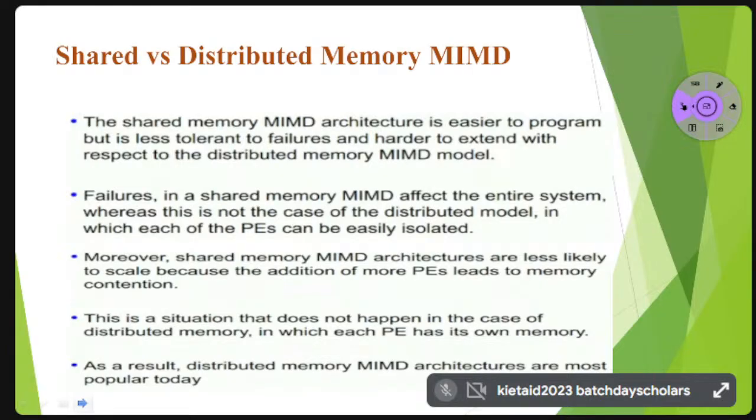So the first comparison between these two is that shared memory MIMD is very easy to implement as compared to distributed, because in distributed MIMD the communication takes place by a separate method called IPC.